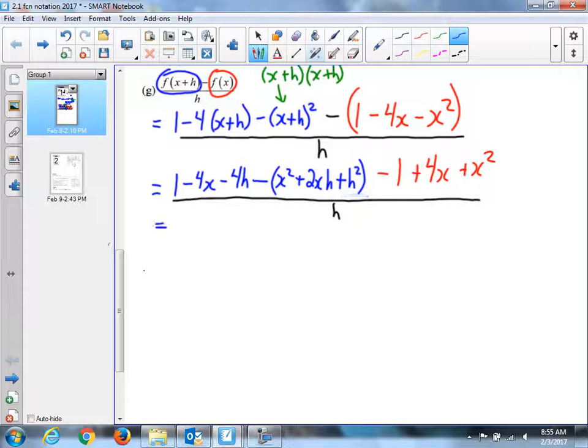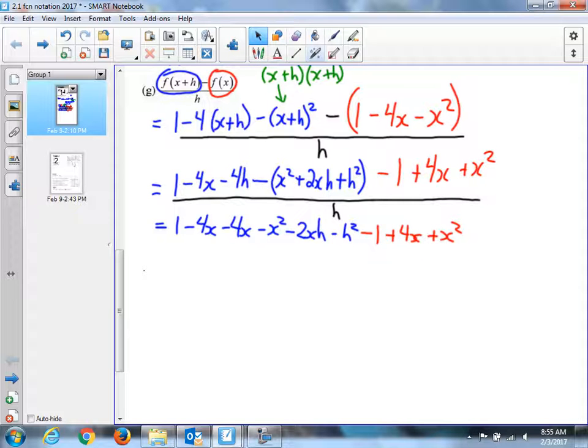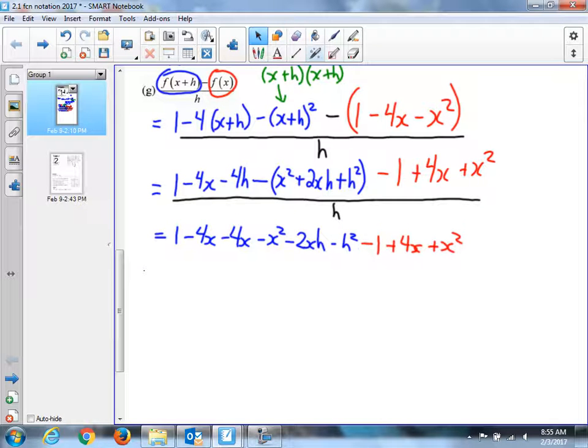You don't necessarily have to, but I will rewrite it. This time I'll practice the other way of writing it. Just for kicks. Means the same thing. Okay.